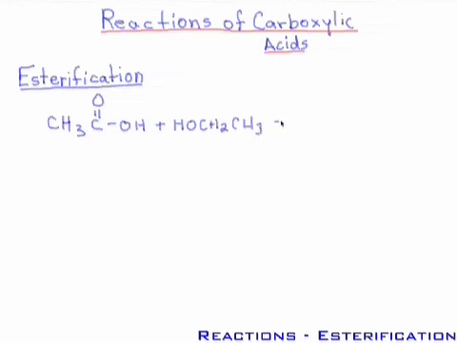We react it in acid and we can establish an equilibrium. Acid and heat, and we can produce ester. In this case, if we take ethanol and react it with acetic acid, we can produce ethyl acetate, or what is sometimes called ethyl ethanoate.